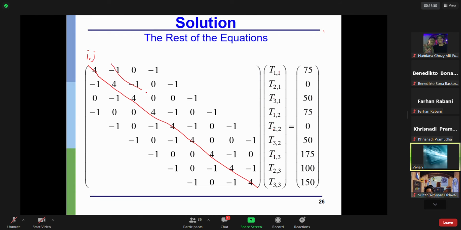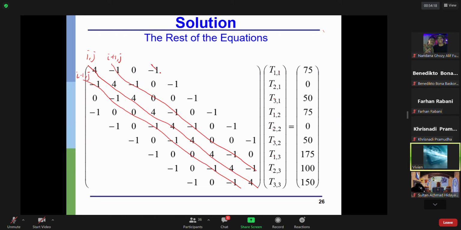And this is the coefficient for the nodes on the east side, or on the right side. So that will be I plus 1j. And this will be the coefficient matrix for the dependency to point I minus 1j.